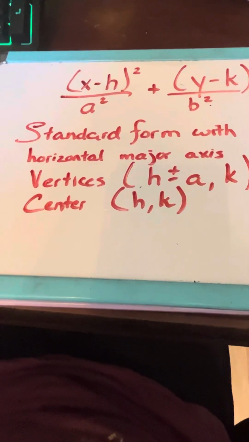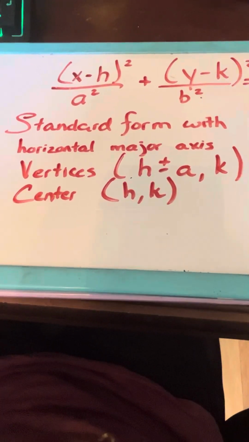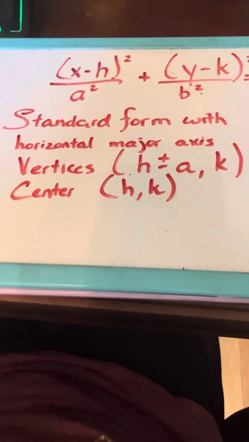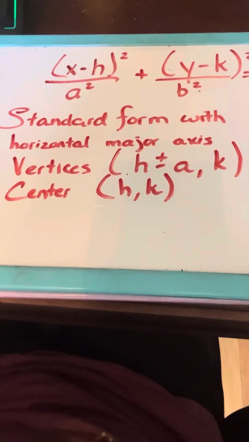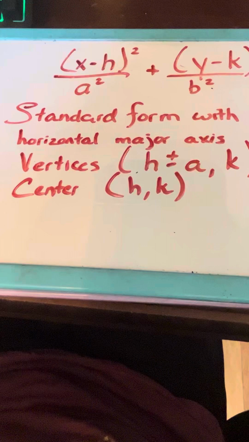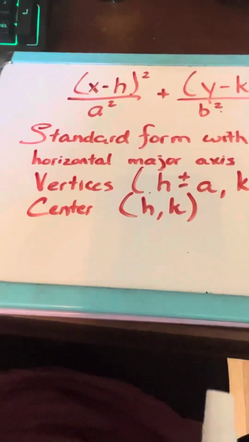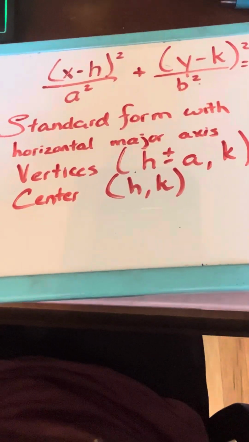If you're taking notes on this, the vertices with a horizontal major axis are always going to be h plus or minus a, k, and the center is going to be h, k. We'll go over a vertical example later, but we're going to start with this.